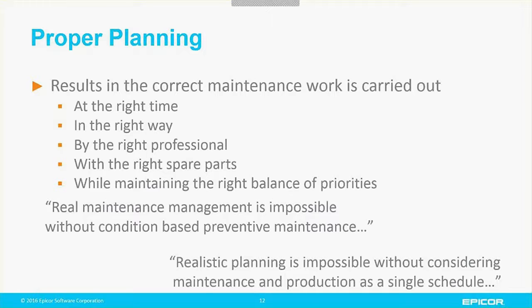And then it comes down to the right professional. Do I have my maintenance subcontracted to the machine manufacturer? Or do I have a skills and capability matrix against my maintenance team, so that when I'm creating the schedule the system is actually allocating the right professional to the right maintenance activity?